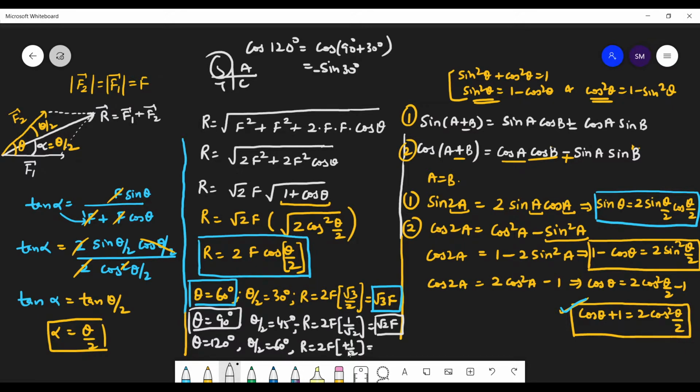Here students, we are writing the value of cos 60, not for cos 120. Cos 120 is minus 1 by 2, but we are writing the value of theta by 2. Theta by 2 is 60, so we are writing these values 30, 60. So cos 60 is 1 by 2 and the resultant is F. So when the angle is 120 degree, the magnitude of the resultant will also be equals to one of the forces. And theta is equals to 180 degree, theta by 2 is 90, cos 90 is 0. So theta 180 degree, resultant is 0 if the two forces are equal.